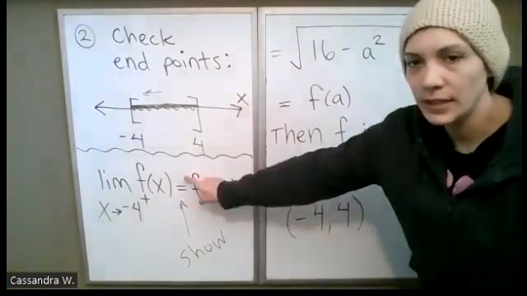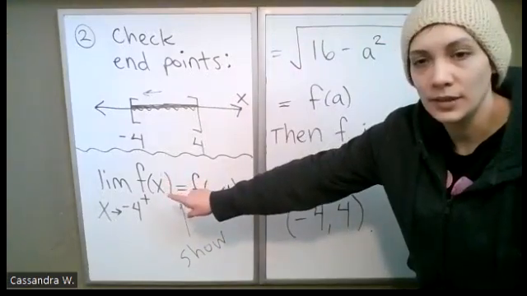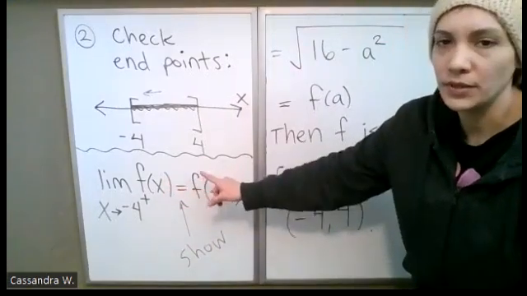Let's get started. We're going to start here with the limit. The limit as x goes to -4 from the right of your function.